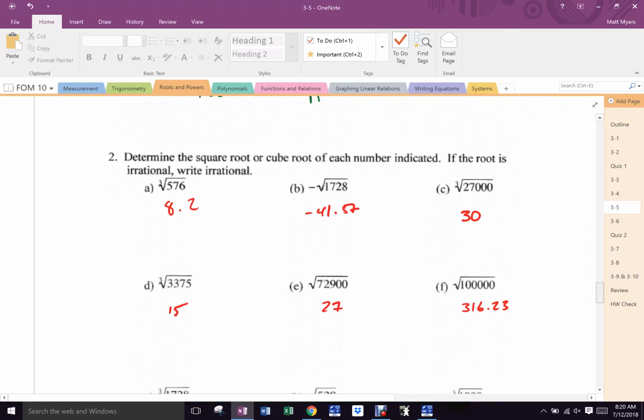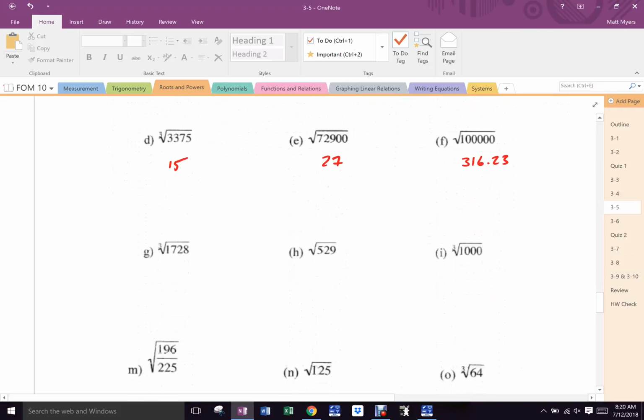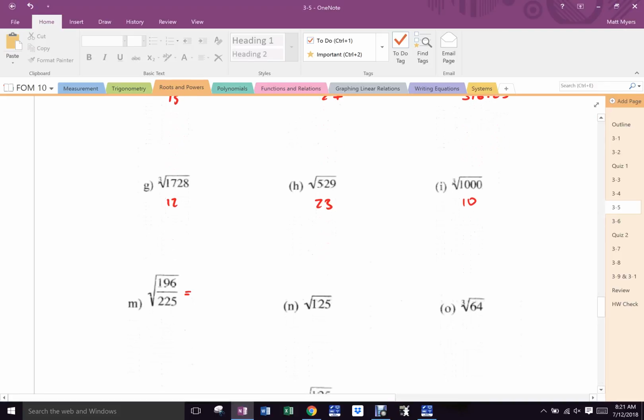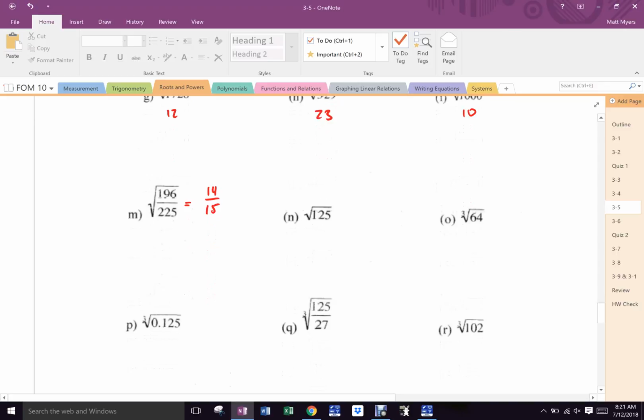Cube root of 1728. What? Square root of 529. 23. Cube root of 1,000. 10. Square root of 196 over 225. 14 over 15, because they're both perfect.